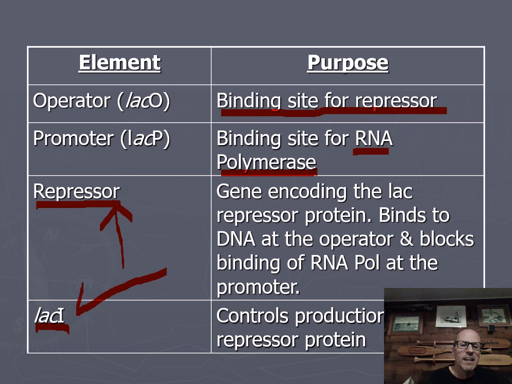And lacI is upstream of all the other genes. So there you have it, a good example of transcription control and being able to control the levels of proteins in the body, a smart way for the body to conserve energy when it doesn't need a protein and to use it when it does.